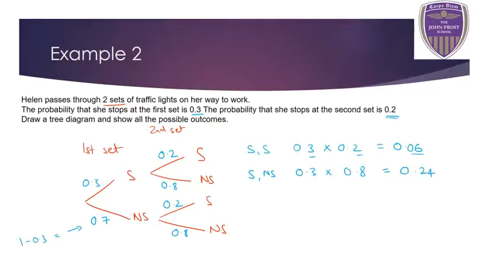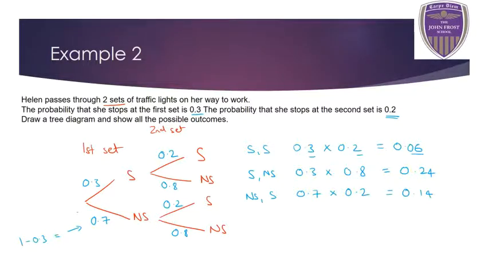Okay, so the next outcome is she doesn't stop at the first set of lights, but she does stop at the second set of lights. So there's a 0.7 chance that she doesn't stop at the first set, and a 0.2 chance that she does stop at the second, so that's 0.14.